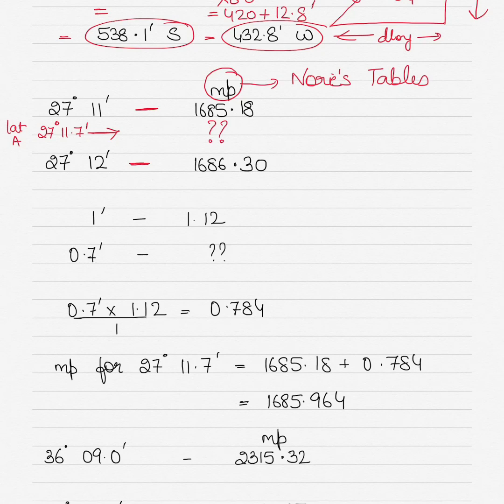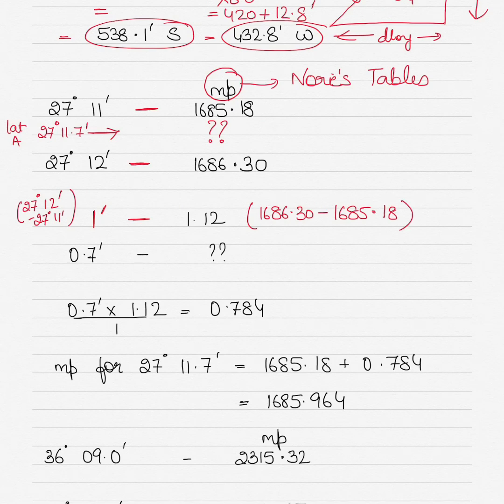So I can see that as the value has increased by 1 minute, that means 27 degrees 12 minutes minus 27 degrees 11 minutes, from 11 minutes to 12 minutes, that is an increase of 1 minute, the value of MP has increased by a value of 1.12. What is this 1.12? This is nothing but the difference in the MP values of 27 degrees 11 minutes and 27 degrees 12 minutes.